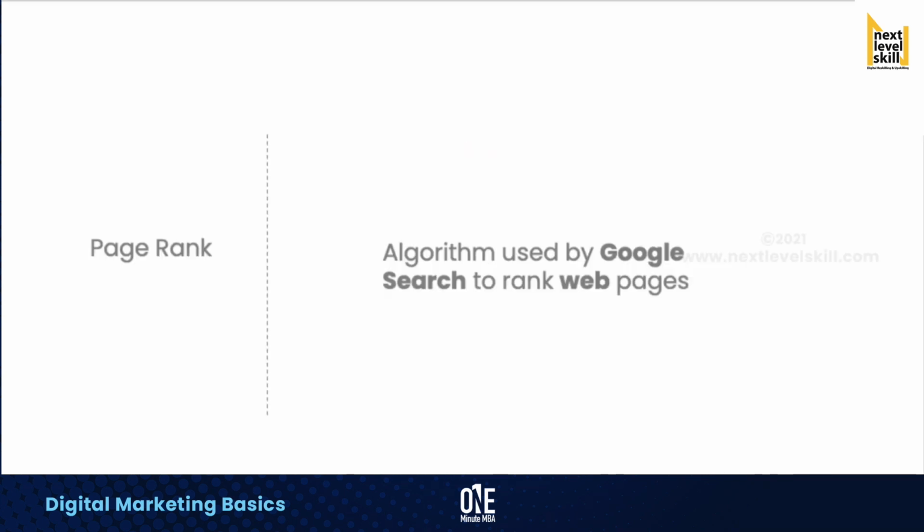Another session. Last session we discussed what a search engine is, how a search engine works, and the different methods search engines use for searching the right content for the user. So this video is explaining the algorithm used by Google.